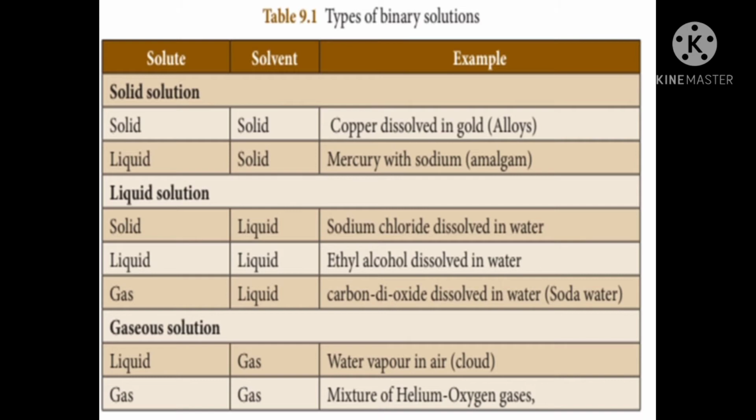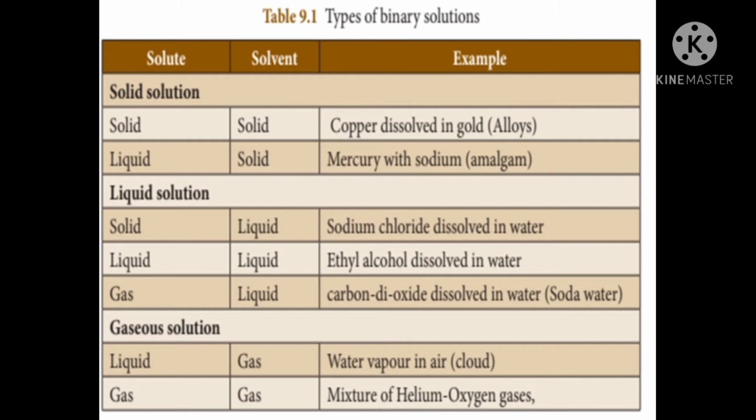Next category, liquid solutions. Here we use liquid as the solvent. The solute can be of different types. First one is solid in liquid. The best example is salt dissolved in water. Salt, chemical name sodium chloride, is a solid that is dissolved in water.